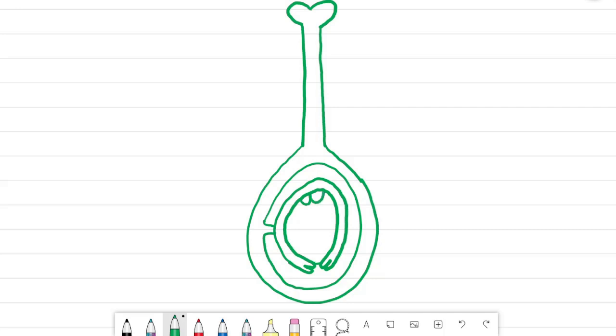And inside of the embryo sac, we're going to have the 3 antipodal cells at the top, the polar nuclei in the middle, the egg cell near the micropyle, and the 2 synergid cells next to the egg cell. And voila! That is the reproductive organ, or the female part of the reproductive organ of the plant.